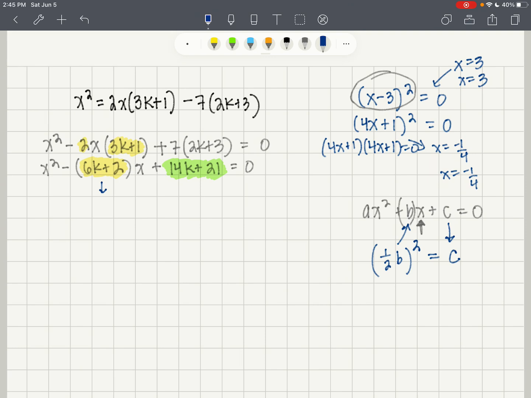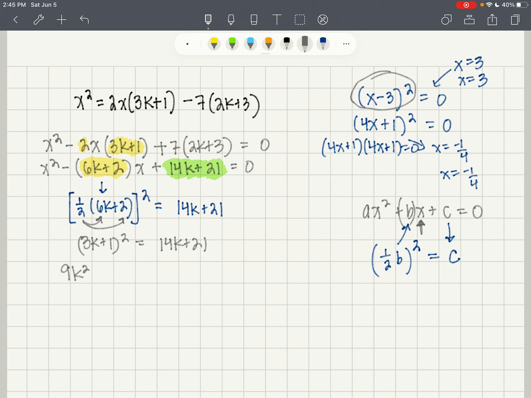So I'm going to take half of this term, 6k plus 2, and I'm going to square it, and that's going to equal my constant, 14k plus 21. So I'll distribute the 1/2 first. I get (3k plus 1) squared equals 14k plus 21.